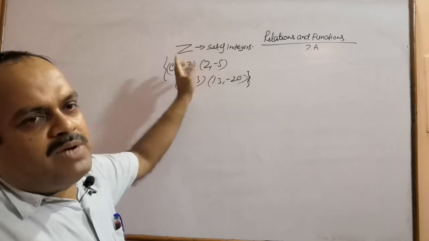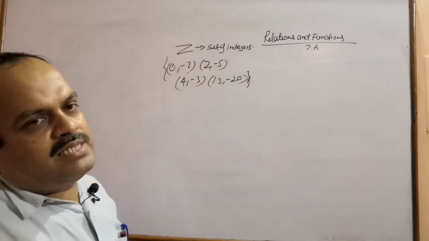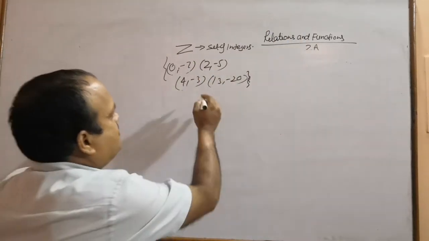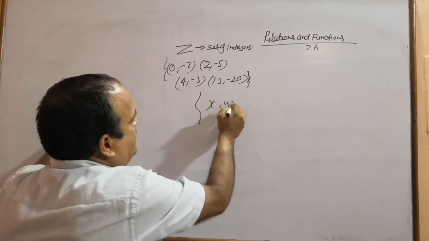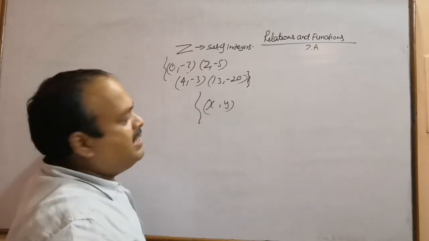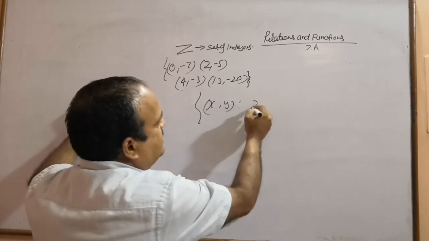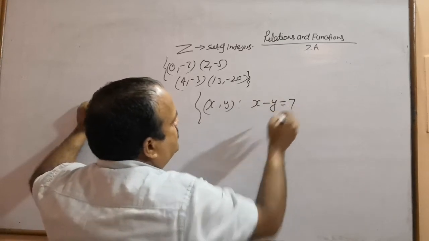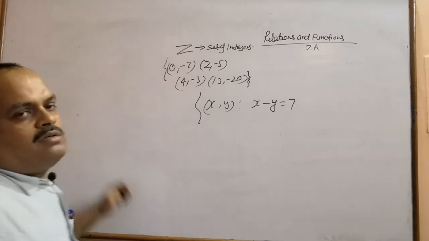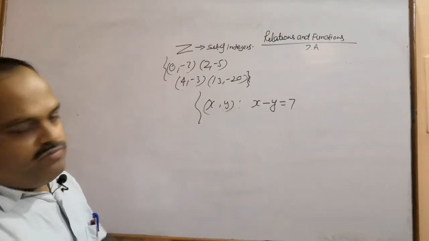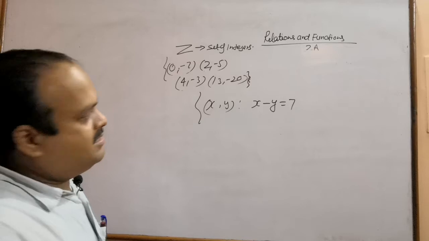I mean x minus y will be 7. So in set builder form, this relation can be written as x comma y such that x minus y equals to 7. Just check whether this is right or not.